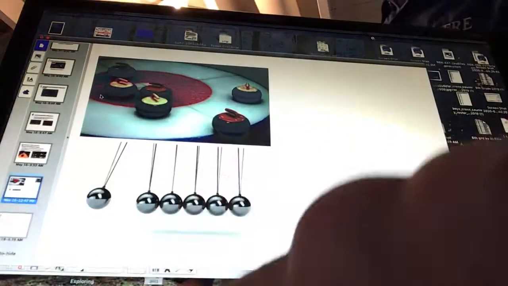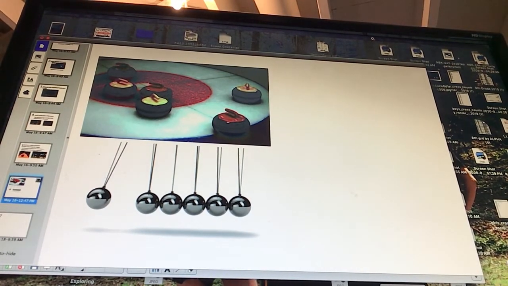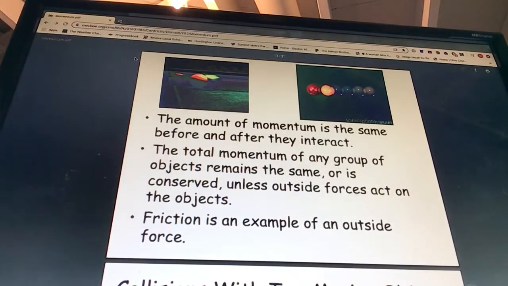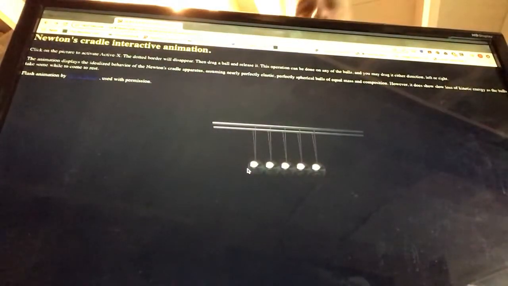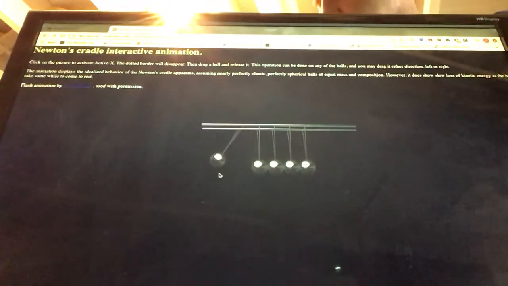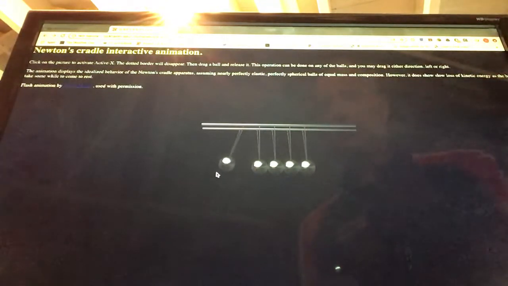I've got, down here, Newton's cradle. I'm going to put a version of that up on the screen. Newton's cradle. I hope you guys can see that all right. All right, I'm going to put it into motion. You guys have probably seen these around.